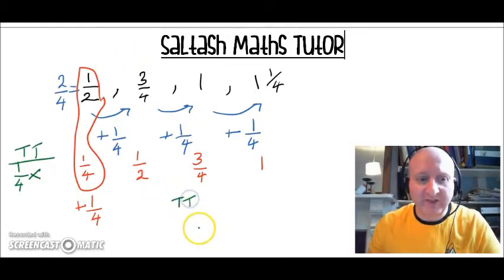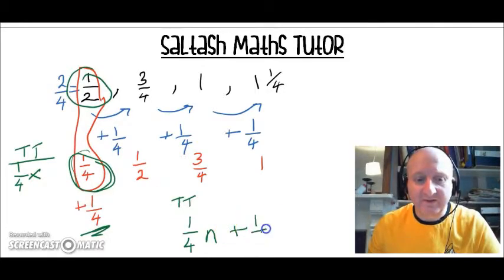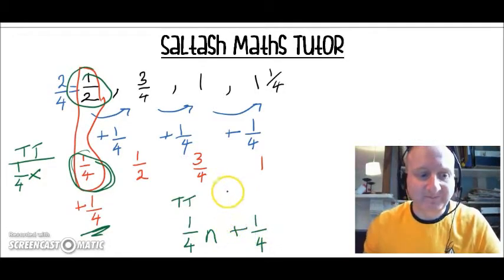What times table was I using? I was using the quarter times table. It's an nth term problem, so I just bang in n there. And then what did I have to do to get from the times table up to the sequence I wanted? Well, the answer there is I had to add a quarter. And that's it.